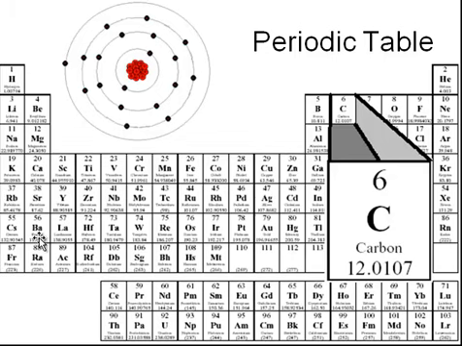These guys all have 2 electrons in the outer shell. They don't like it. So what they do is they get together with somebody that wants 2 electrons. That would be these guys, this column. You can't see a whole lot of it, but there's oxygen. Down below that you've got sulfur, selenium, tellurium, and polonium. All right.